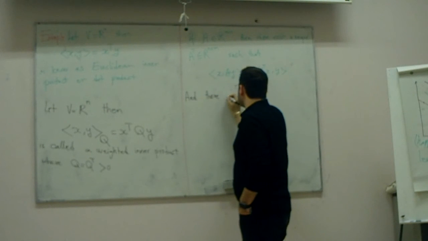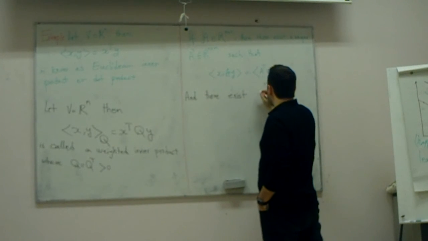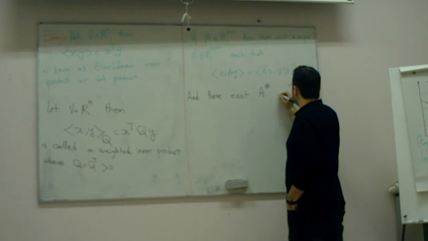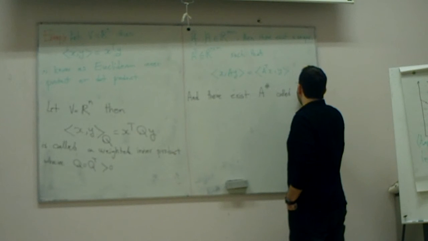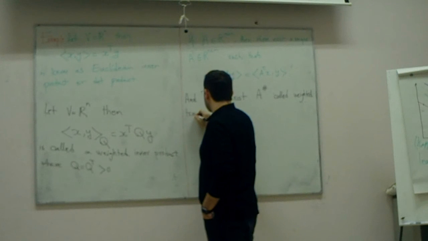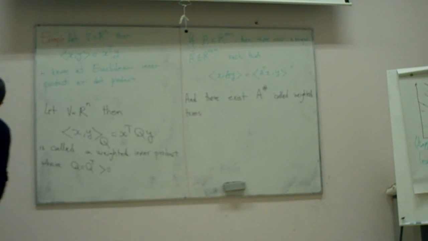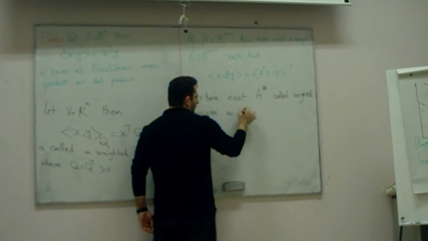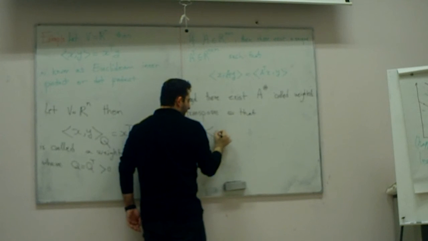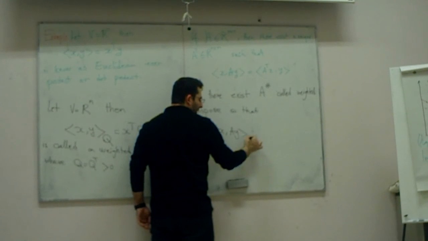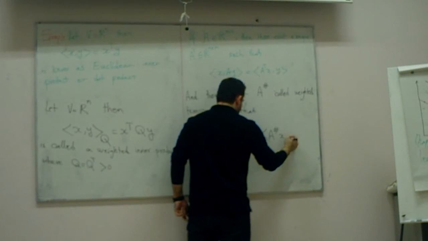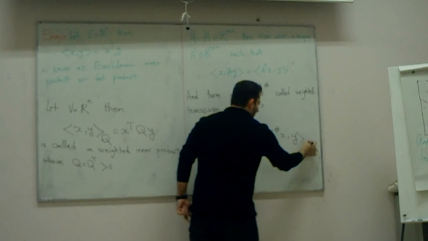And there exists a hash called weighted transpose, so that the inner product of x and A y with weight Q is A hash x and y with weight Q.